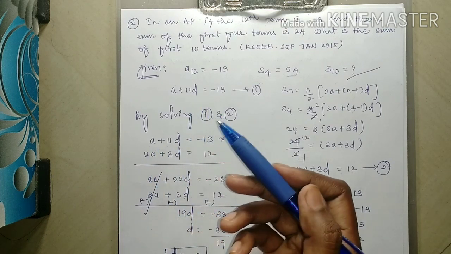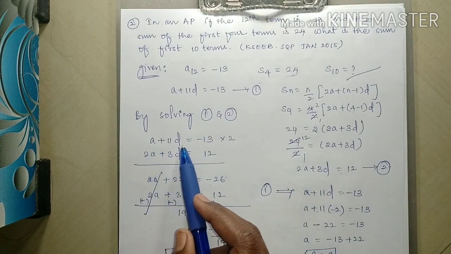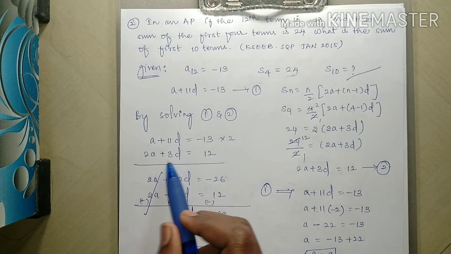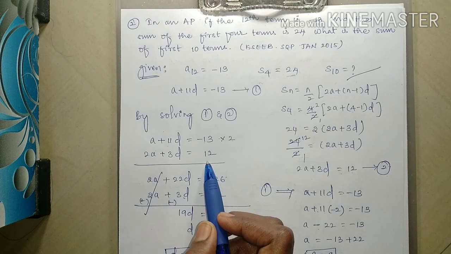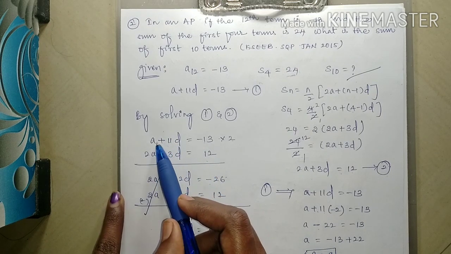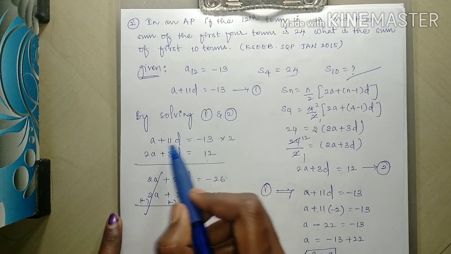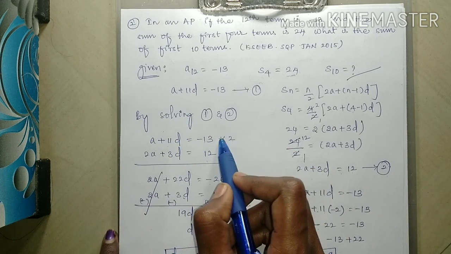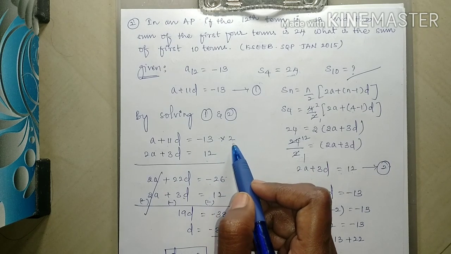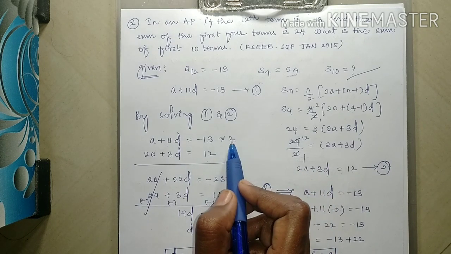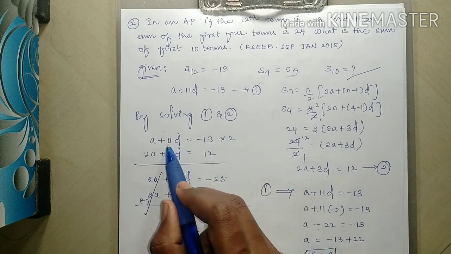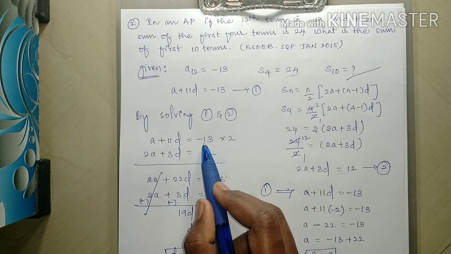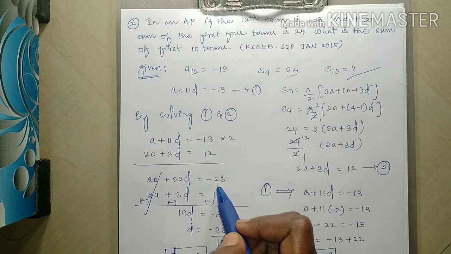So equation 1 is a plus 11d, that is equal to minus 13, and equation 2 is 2a plus 3d, that is equal to 12. So here we have a and here it is 2a. To make this also 2a, I'll multiply equation number 1 by 2. So 2 into a is 2a, 11 into 2 is 22d, and minus 13 into 2 is minus 26.